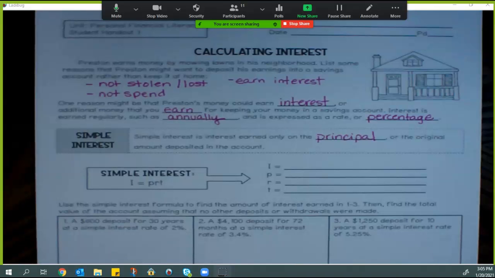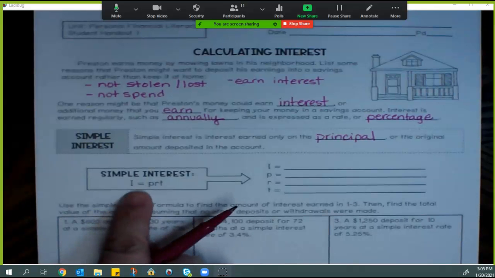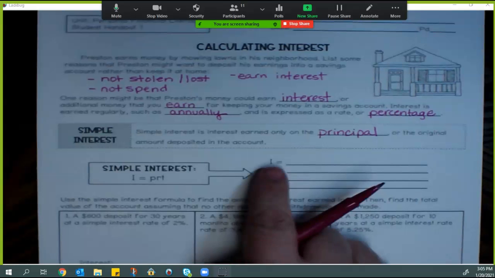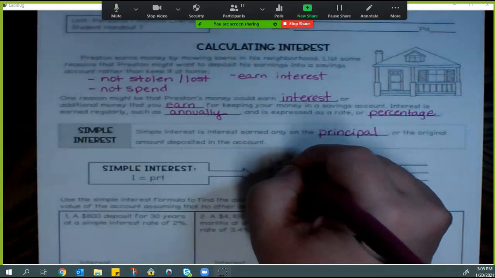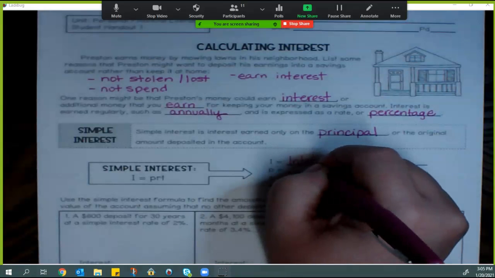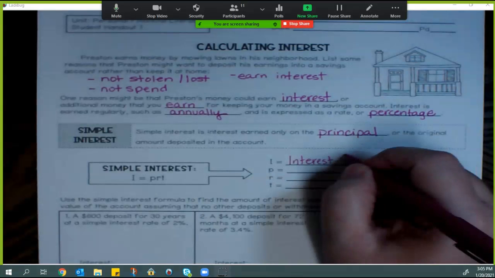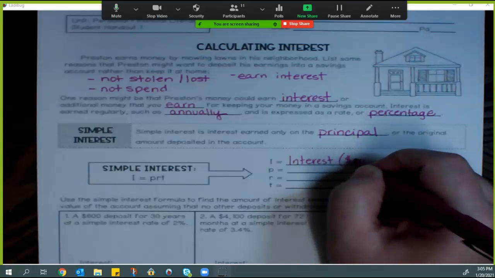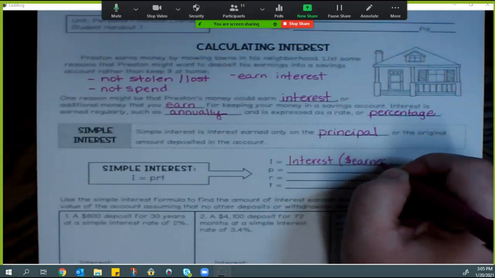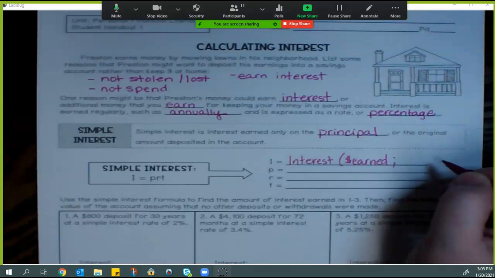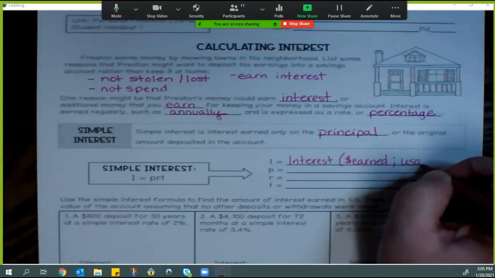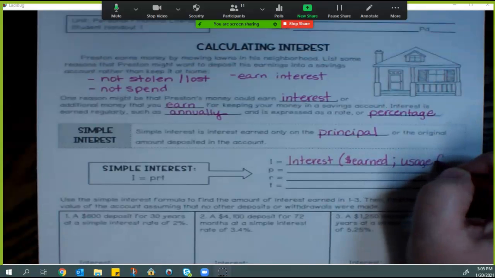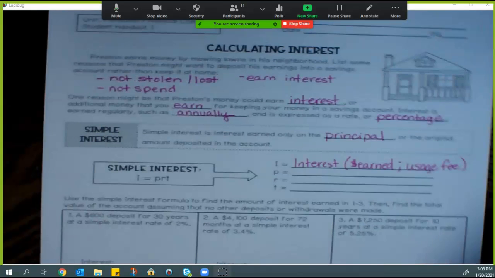All right, so let's review. Here's the formula: I equals PRT. What does the I stand for? Interest. And remember, that is the money earned. Or if you were borrowing money, it would be like that usage fee, the money I have to pay back because I borrowed it.